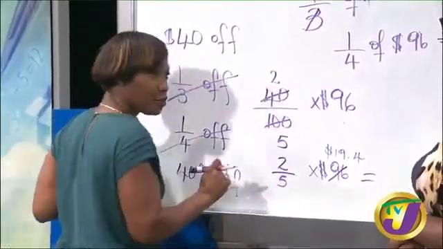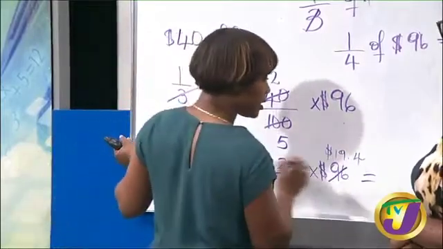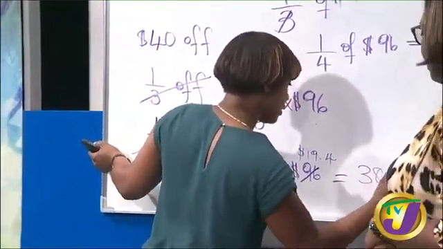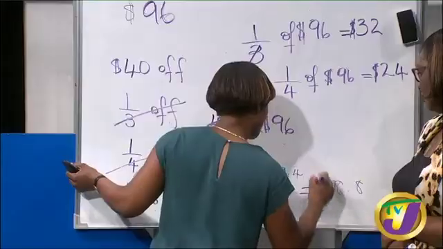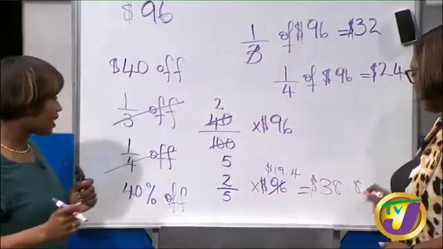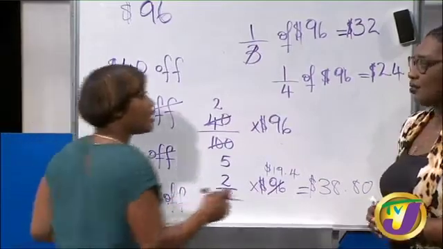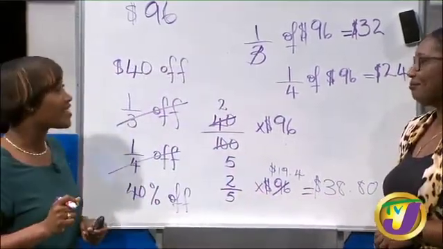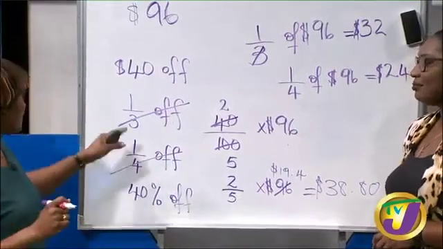However, I have 2/5. Therefore, I must multiply that. That is $38.40. We are dealing with dollars and cents.